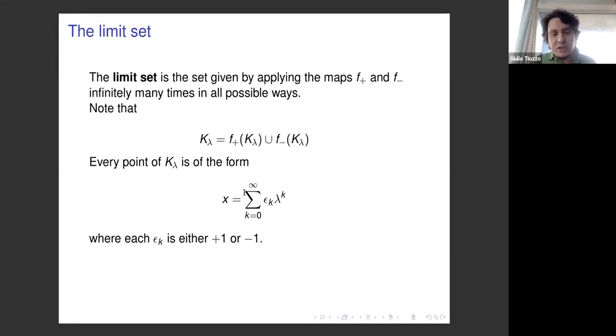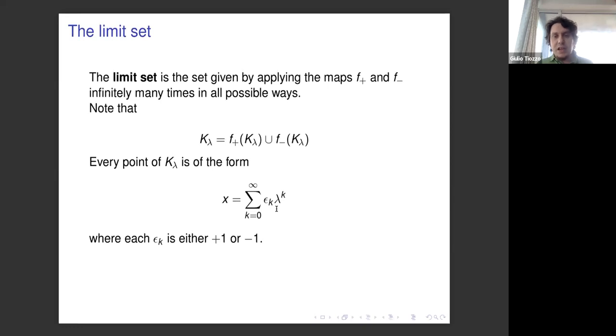And it turns out that you can represent each point as, well, not quite as a polynomial, but as an infinite polynomial. For mathematicians, this is called a power series. You take these coefficients, plus or minus ones, and you multiply each of them by a power of lambda. And fortunately, since the modulus of lambda is less than 1, this converges to some number. And so you have a point.